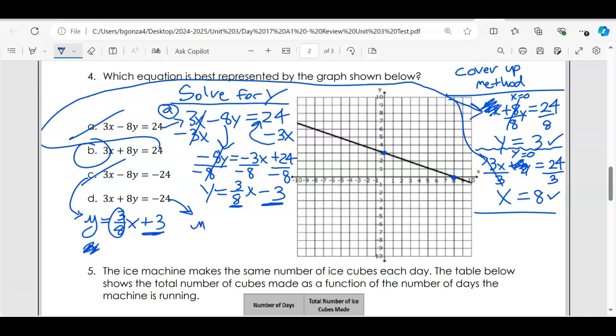And this one, when you solve for y, you should get negative 3 over 8, which is the right slope for this, down 3 over 8. But then you get minus 3, and the y-intercept is not 3, it's negative 3. So you can either do solve for y or the cover-up method, whichever one's easier for you.